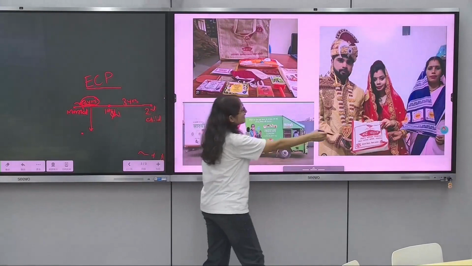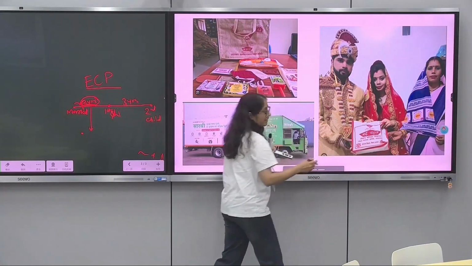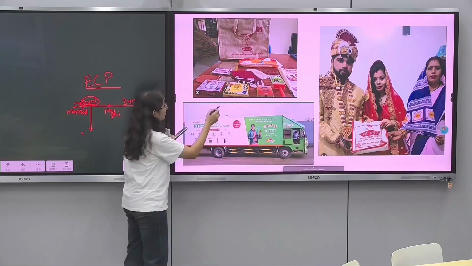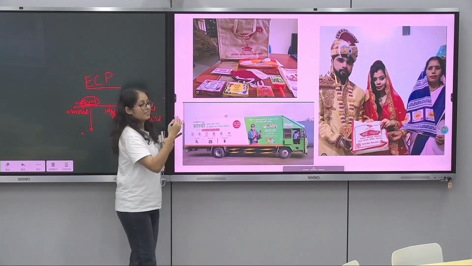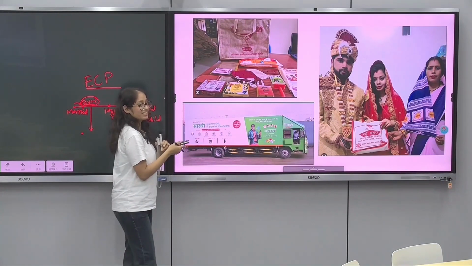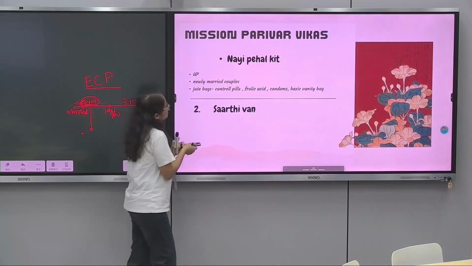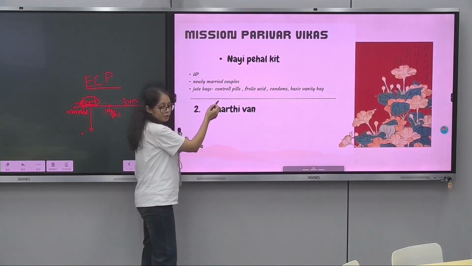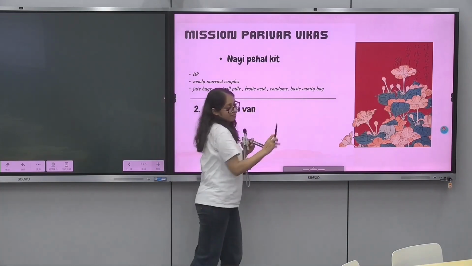See, this is an ASHA worker providing this Nayi Pehel Kit to newly married couples. It has all the basics, like sindoor, mirror, condoms, control pills, folic acid, and basic vanity items.